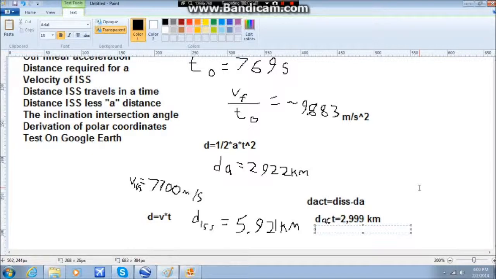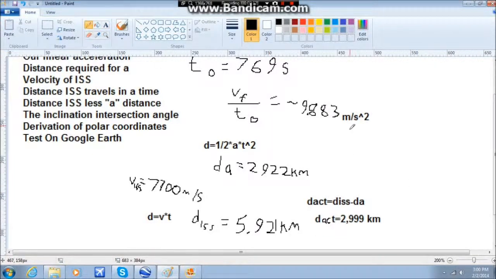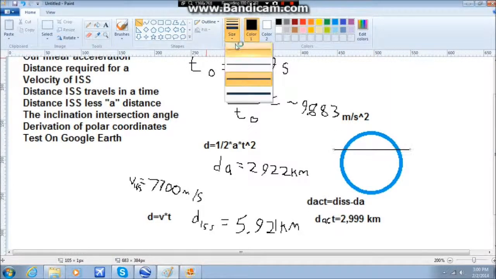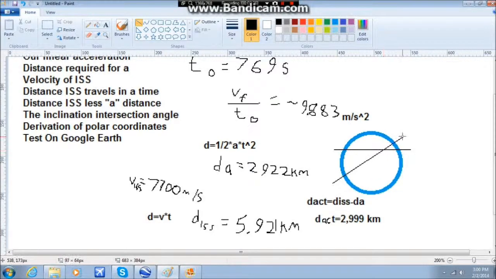If we look at the Earth, let's draw the Earth real quick. The Earth has an equator, and it also has lines of latitude. So we're going to pick one of those lines of latitude, and it's going to be our origin. But orbits run in planes, and the plane is going to be inclined.